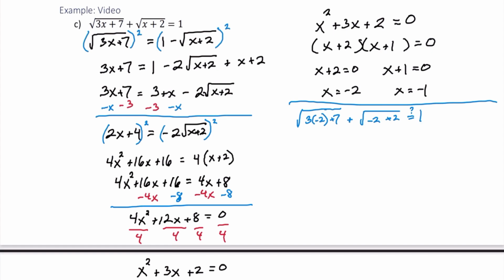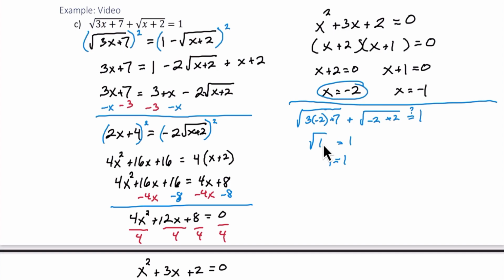On the left radical, we get negative 6 plus 7. That's the square root of 1. And then in the right radical, we get square root of 0, which is just 0. Square root of 1 is indeed 1. So it looks like negative 2 is good.